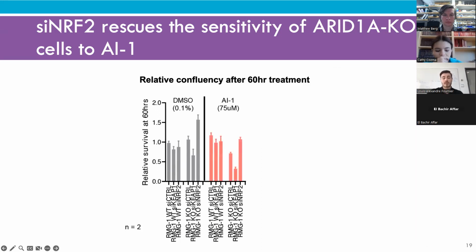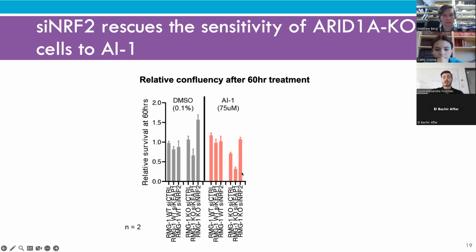If we treat the cells with AI1, we again don't find any significant phenotypes in the ARID1A wild-type cells. However, we do see a sensitivity for the ARID1A knockout cells under control conditions, which is what I've showed you in the past. If we knock down KEAP1 in these cells, we see more significant fitness defects, which was expected.